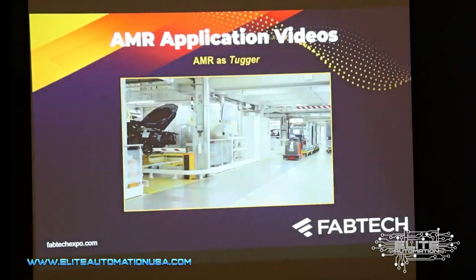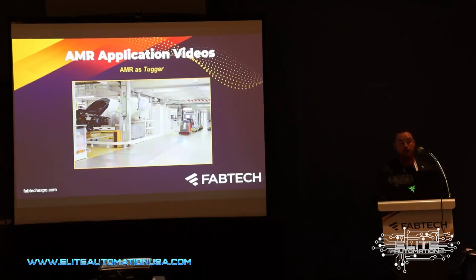You're starting to see even more tugger style AMRs and fork truck style AMRs, which is even newer than AMRs themselves. Like, for instance, the MiR came out close to 10 years ago now, and some of these tugger style AMRs are coming out and have only been on the market for a couple of years.